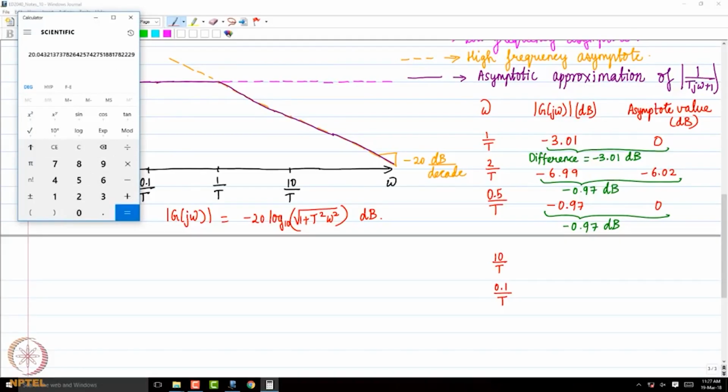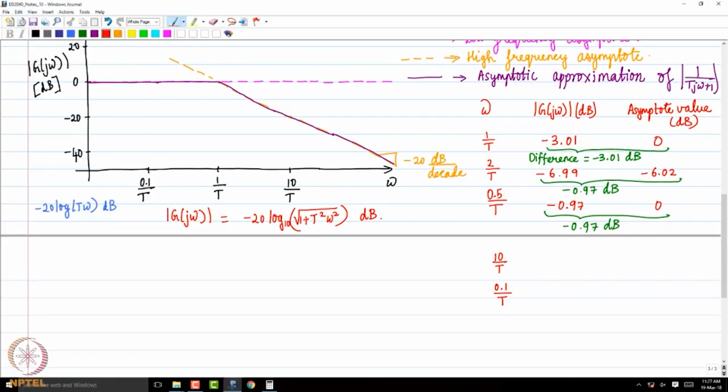So you get minus 20.04. So this will be minus 20.04. And what will be the asymptotic value? Minus 20. So what is the difference? Minus 0.04 decibels.